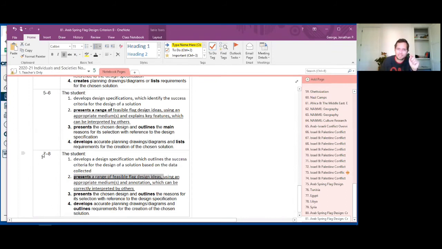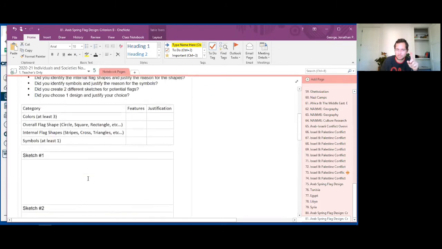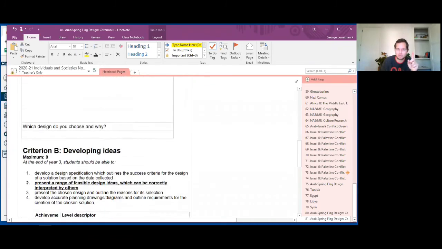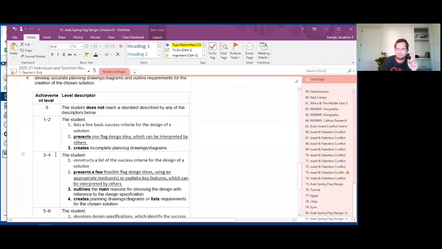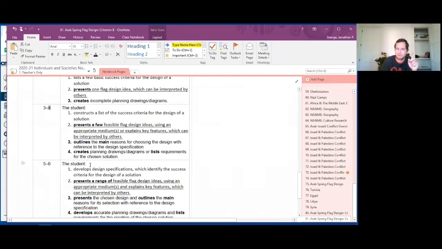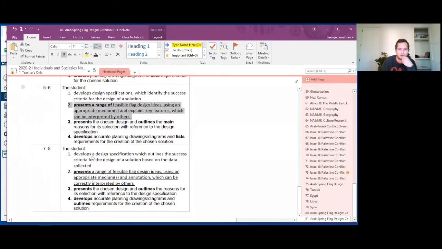But if you want to achieve a 7 or 8, which is top marks, you're going to have to add a third sketch to this page. If you're going to do sketch 1 and sketch 2, you're probably going to fall maybe a 4. Okay? All right. So make sure you're looking at that rubric as you are completing that. Any questions, please let me know in the chat. And then in 1 minute, we'll transition to the ticket out the door.